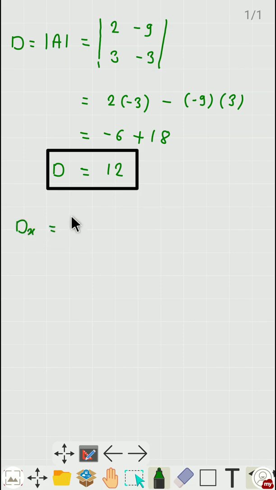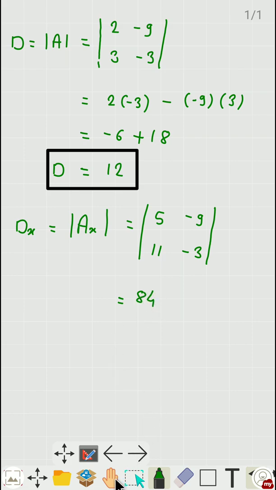This determinant is nothing but the determinant of matrix Ax, and that matrix Ax is obtained by replacing the coefficients of x by the column of matrix B. So the column of matrix B is 5, 11, and minus 9, minus 3 is the column of matrix A. If you calculate this determinant, it is 84, because you know how to calculate a determinant of order 2 by 2.